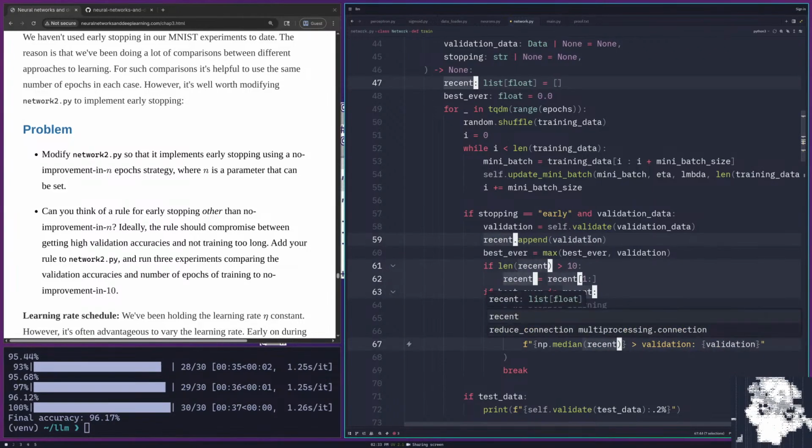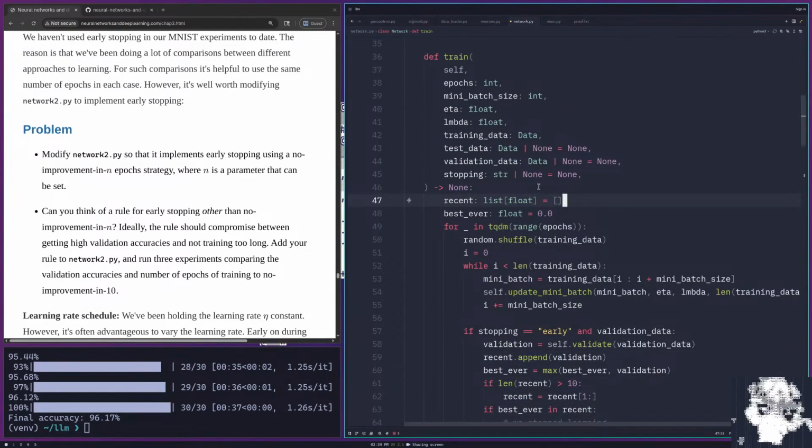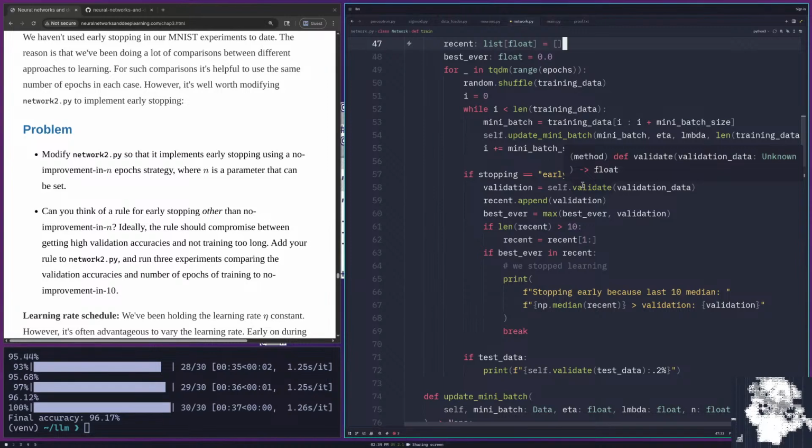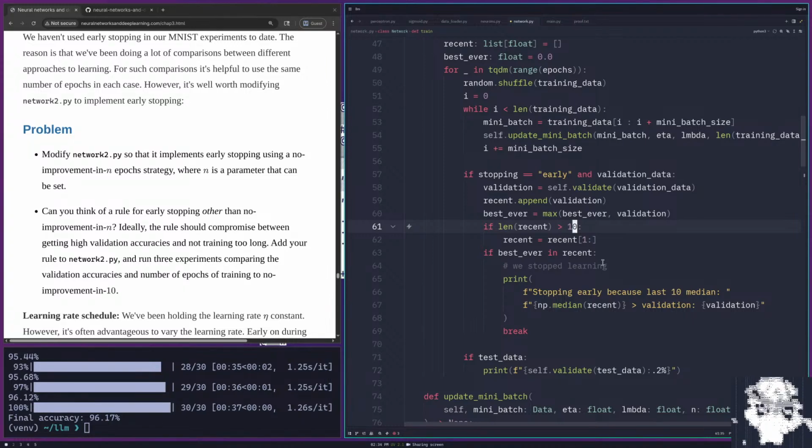We'll just call it recent. I don't really want to pass this as a parameter, but this is what it is. If you're not in recent, you do this. No improvement in 10.